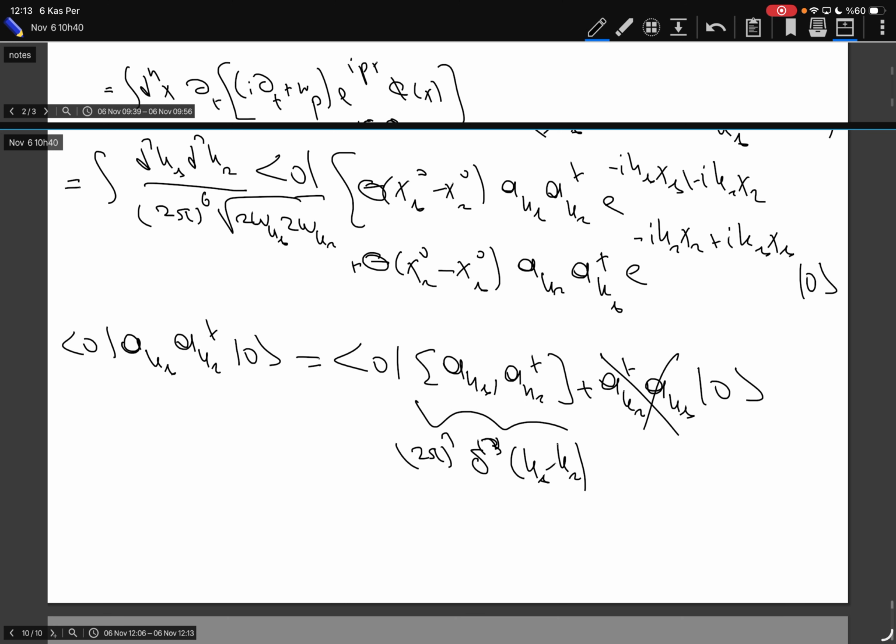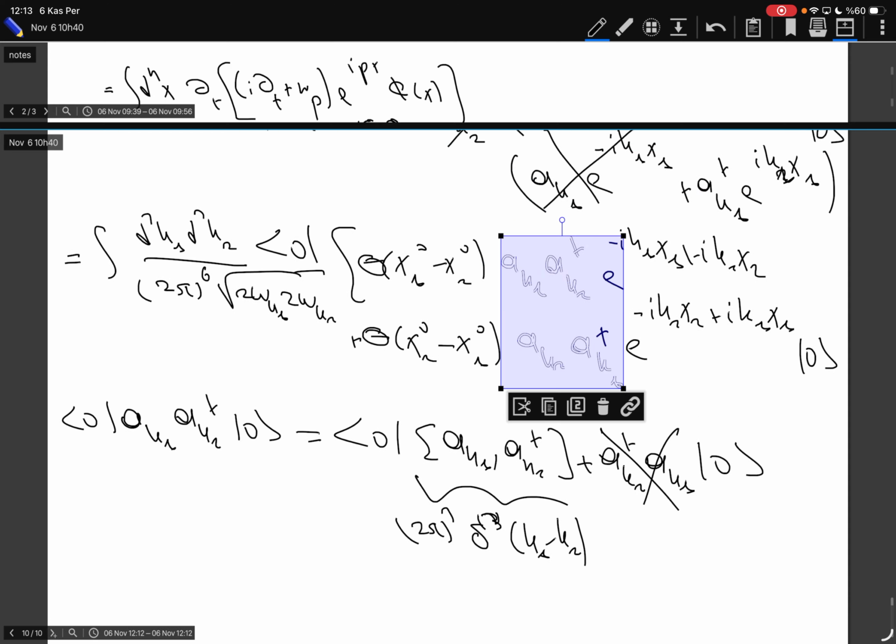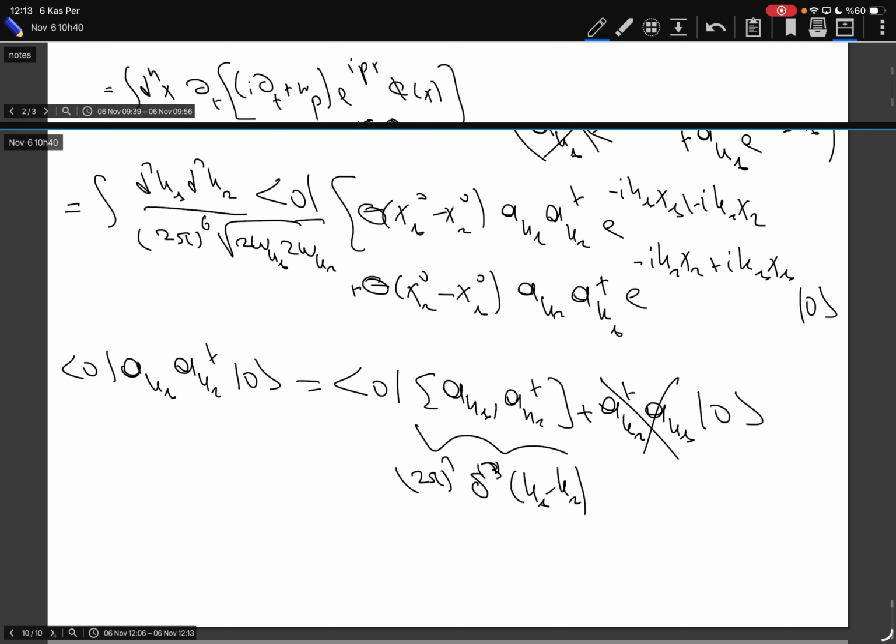Well, it will be the same for both of the operators. So what I will end up having is, let me evaluate the k2 integral. There will be only a k1 integral, 1 over twice omega k1.